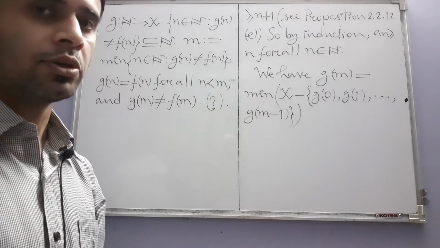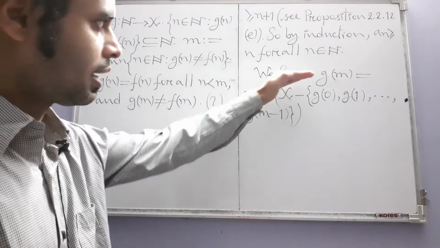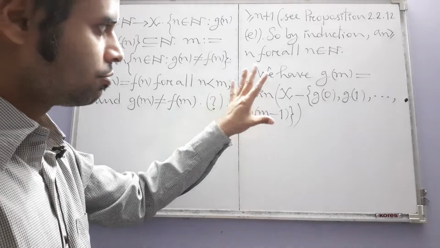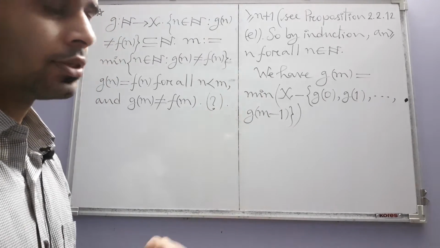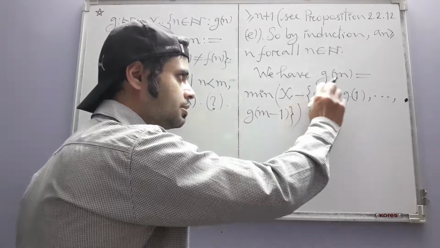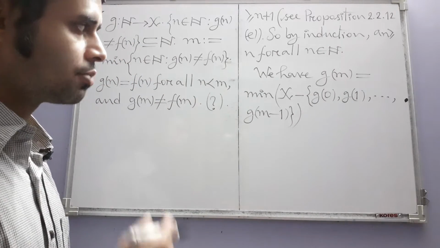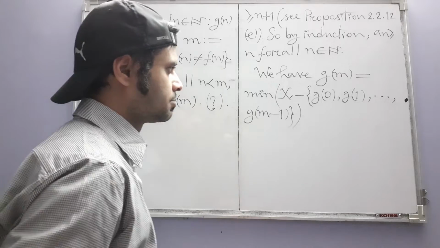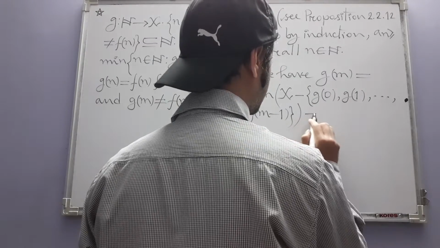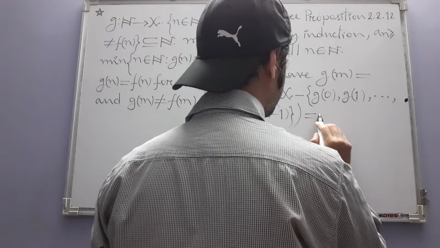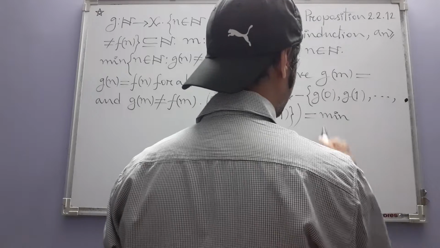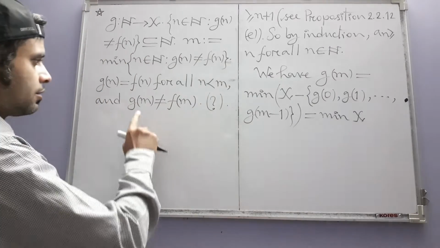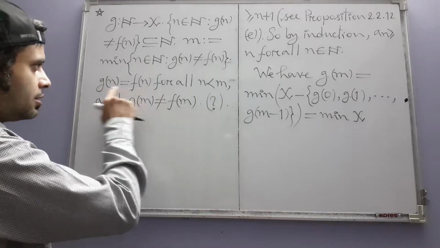This part I am not going to explain exactly how this is true. Okay, so you have to convince yourself why and how this is true. Keep in mind that g is an increasing bijection from n into x. That is why we have this. But this is equal to the minimum of x minus, note that we have all these equalities.